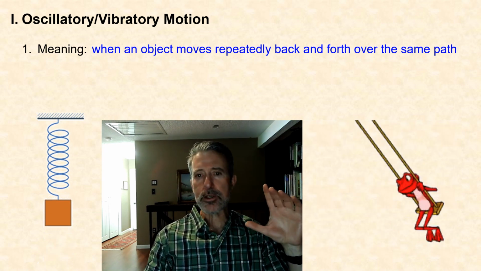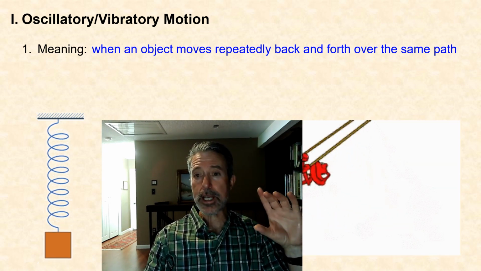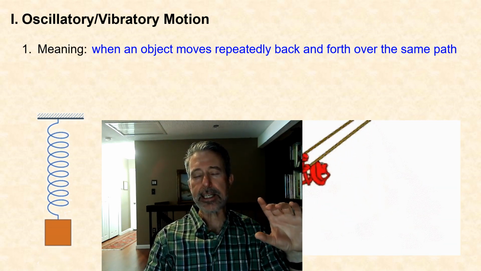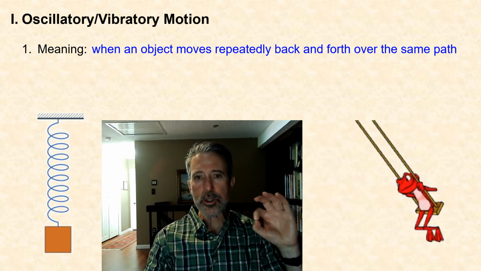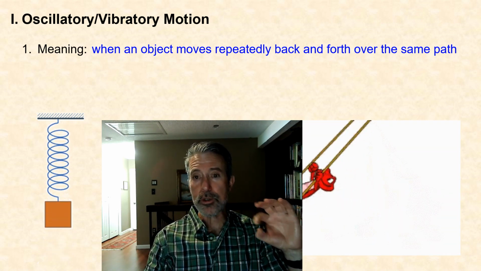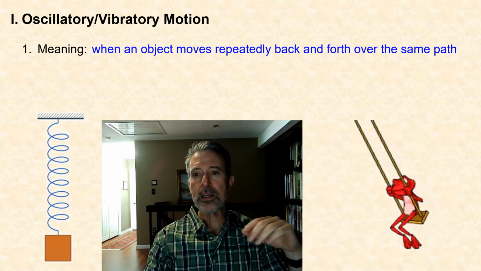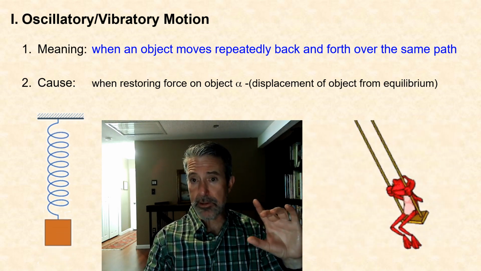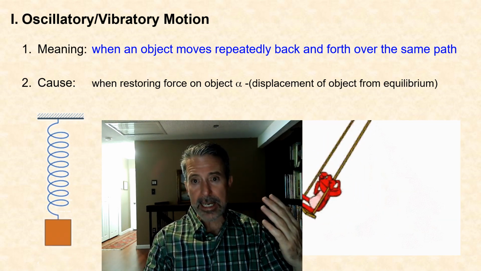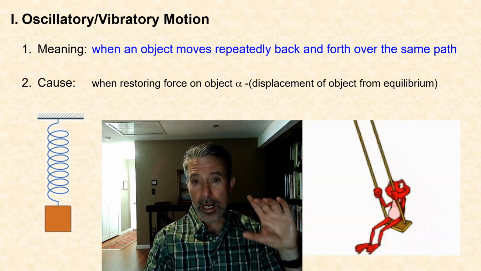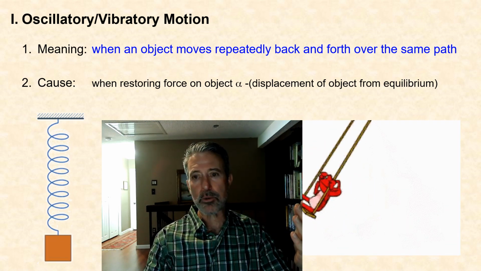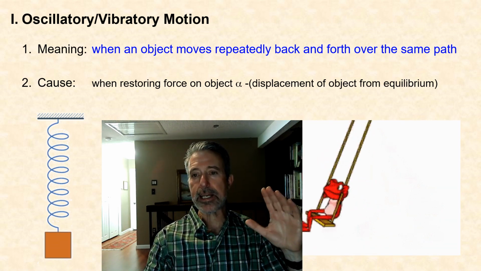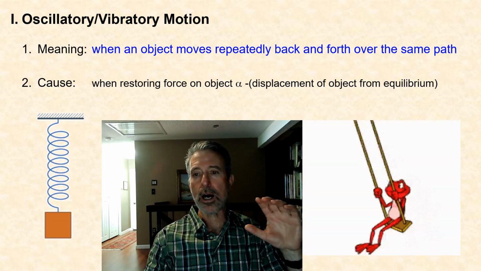So what is it that makes an object move repeatedly back and forth over the same path? It turns out that when the restoring force acting on the object, that is, the force that makes an object want to return to its equilibrium or rest position, is both proportional to the displacement of the object from equilibrium and is opposite in direction to the displacement of the object from equilibrium, then when these two conditions are met, we can say the object will vibrate or oscillate.